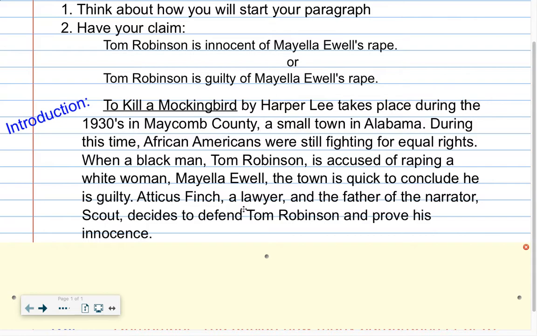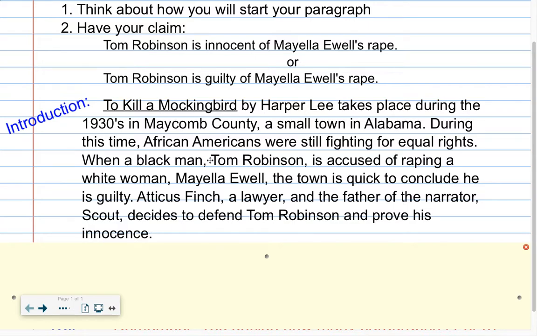I might want to provide more information the next time I talk about him, but that's going to be up to you, the writer. So I tell my readers that he, Atticus Finch, decides to defend Tom Robinson and prove his innocence. I could also tell my reader that Atticus Finch is a white man. Again, I'm leaving this general so I don't take away from some of the things that you would like to say.